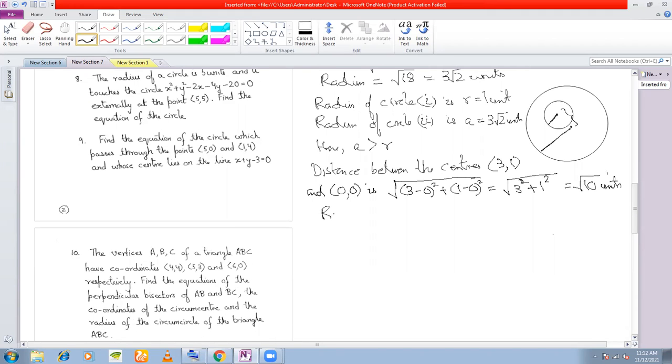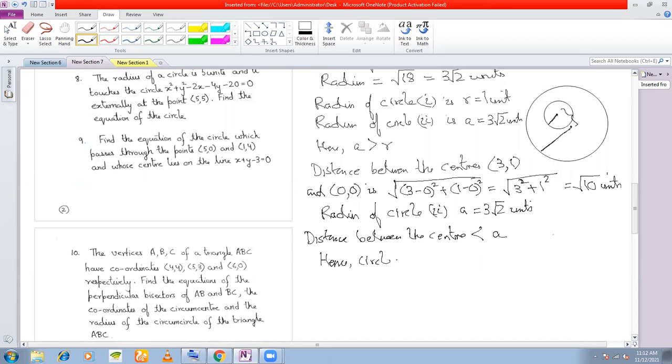And radius of circle 2, a is equal to 3 root 2 units, right? So clearly we can say that the distance between the centers is less than the radius, right? Hence, circle 1 lies inside circle 2.